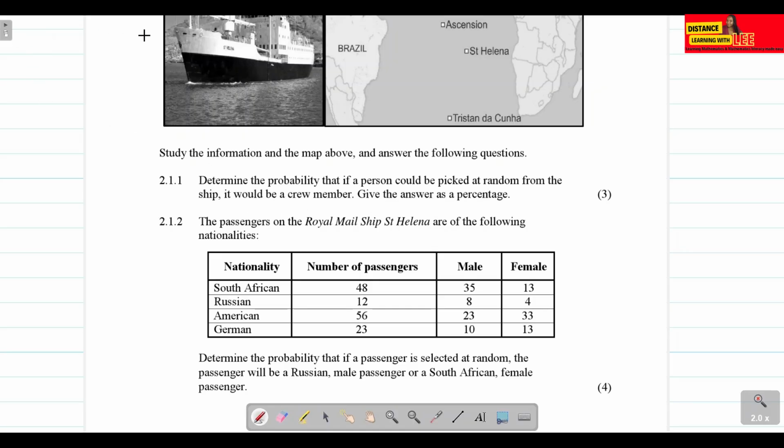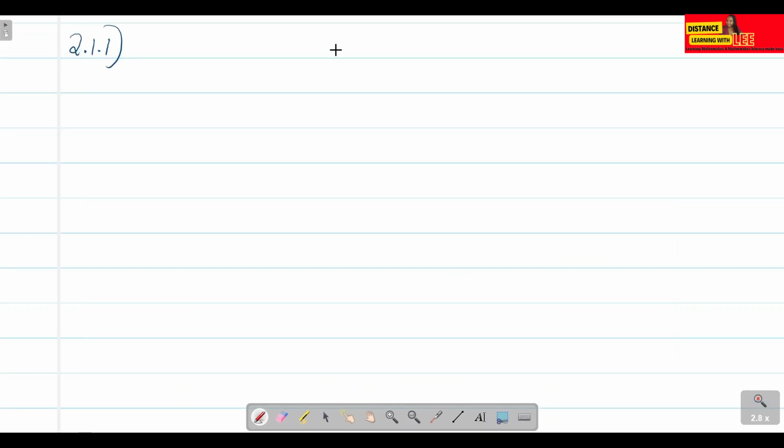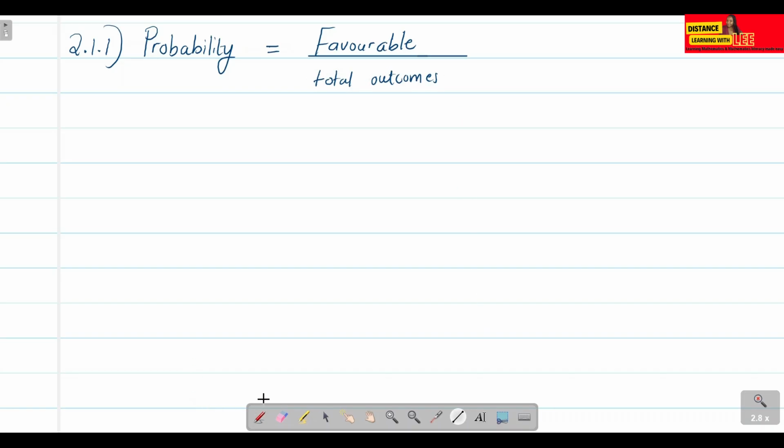Guys, remember when we calculate probability, the formula that we use is that probability is equal to your favorable outcomes, what do you want, divided by your total outcomes.